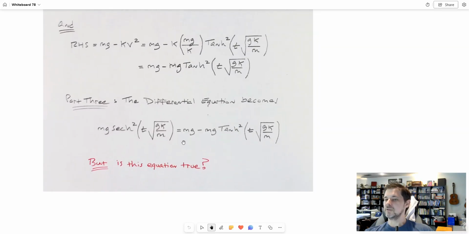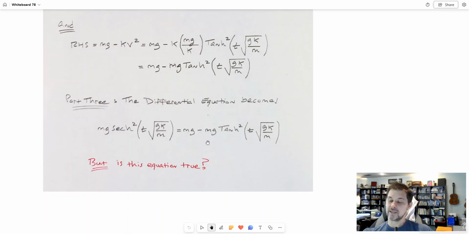And these do look different, but there are lots of identities for hyperbolic functions. And we can use one in particular to show that this is in fact equal to that. Okay, so I'll leave it at that at this point, and I'll just say, but is this true? As it is, this is what I've reduced each side to. That's all correct.